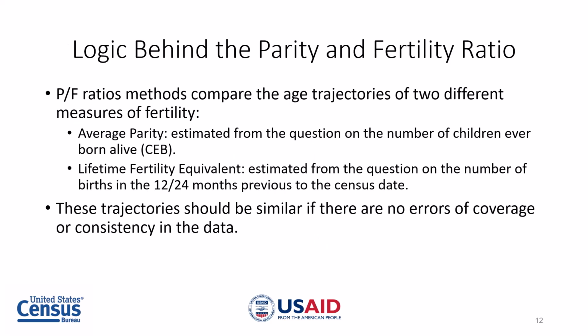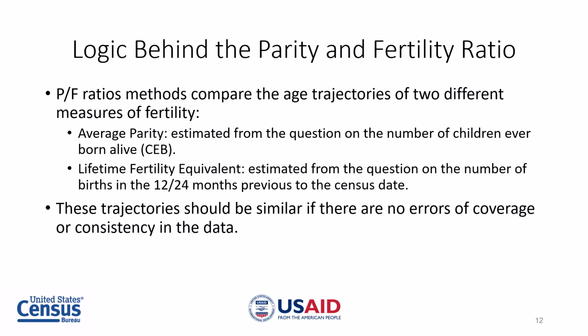The central idea behind the parity and fertility ratios method is that it compares the age trajectories of average parity and lifetime fertility equivalent. Average parity is considered a more robust measure for women younger than 35 years of age because it is not subject to recall bias.